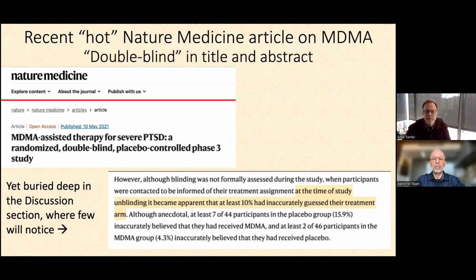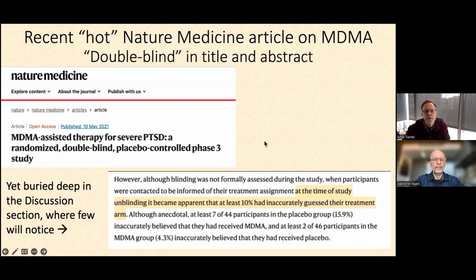So there's a little bit of spin there. And it's spin in two ways: the way this is worded, and the fact that it was buried in the discussion, and that probably 95% of readers are going to see the double blind in the title and the abstract and not get to this or even think about it.